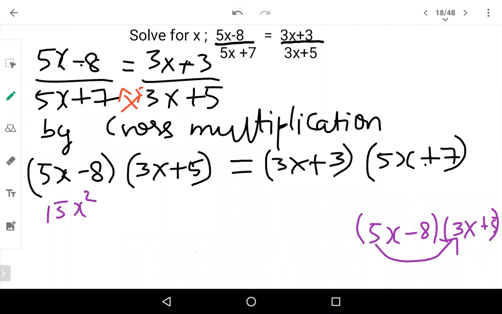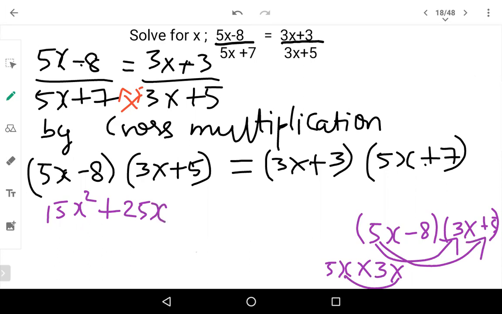Now why is it x²? It is 5x into 3x. So x into x is x², right? So 5x into 3x is 15x². Next 5x into 5. So 5 5s are 25, so plus 25x. Do not forget the variable x. It is 5x into 5.